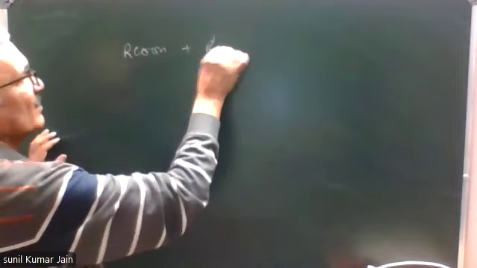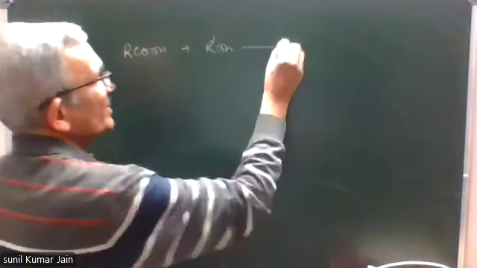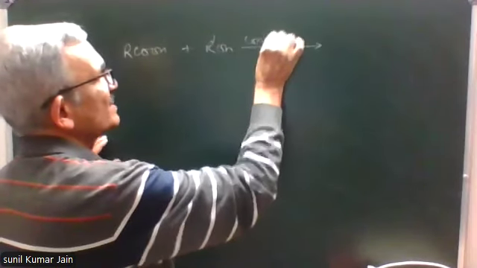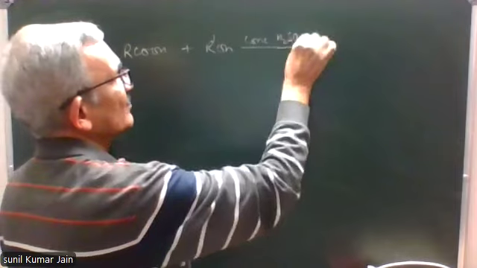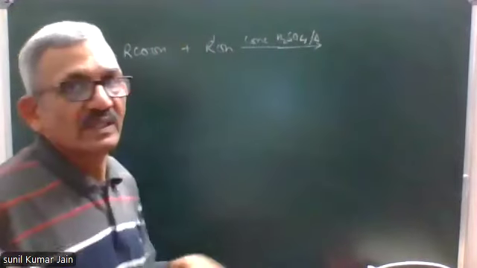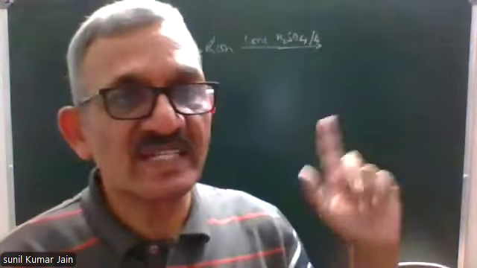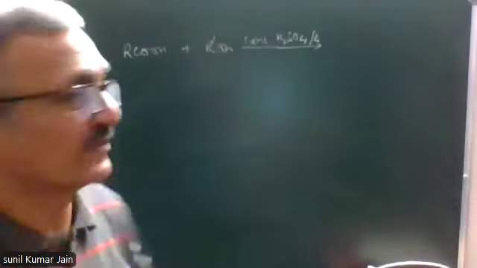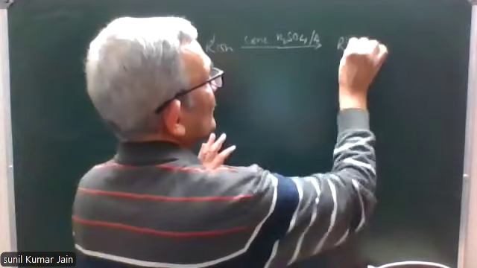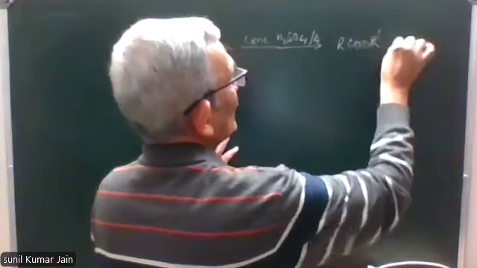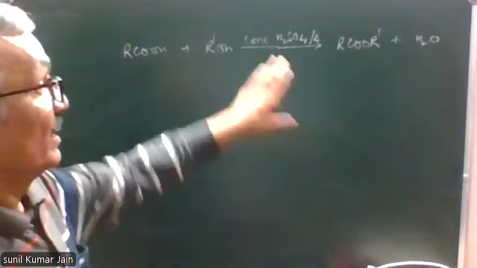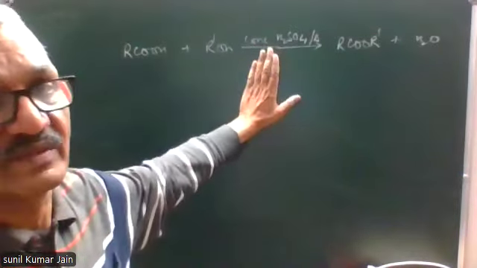Carboxylic acid is first reacted with alcohol in the presence of concentrated sulfuric acid. This reaction is esterification. I hope you know, might have studied in 10th standard as well. Esterification gives ester and water. For this, chemical use is very cheap.